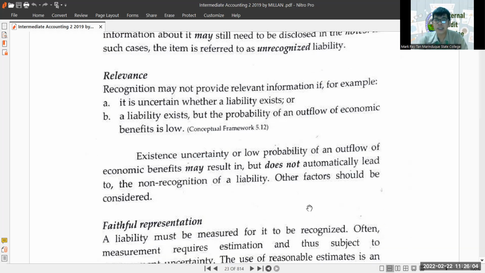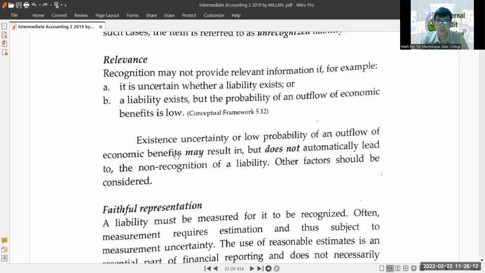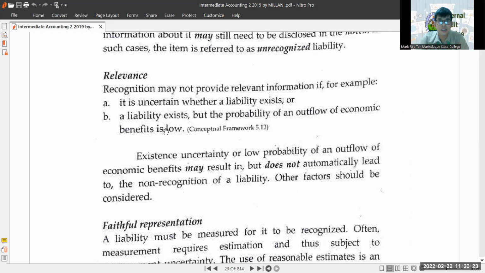Ayan, so class, ito yung sinasabi ko na yung strategy ng pag-discuss, nakadepende yan sa author, kung paano niya i-discuss. So, yung mga ganito, it could be said simply. Pero sige, pasimplayin natin. Di ba nga, as to relevance, ang concern kasi natin dito is, yun bang existence nung liability is certain. So, pwedeng certain, pwedeng uncertain. And then, ngayon, kung nag-i-exist man yung liability, yun bang outflow of economic resource, is it probable or not?